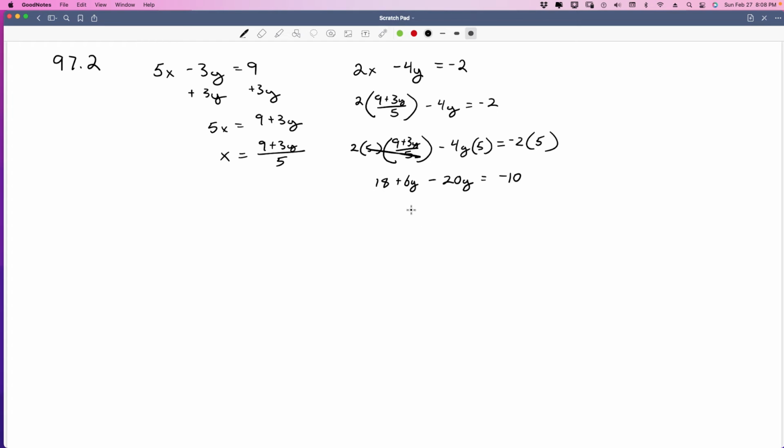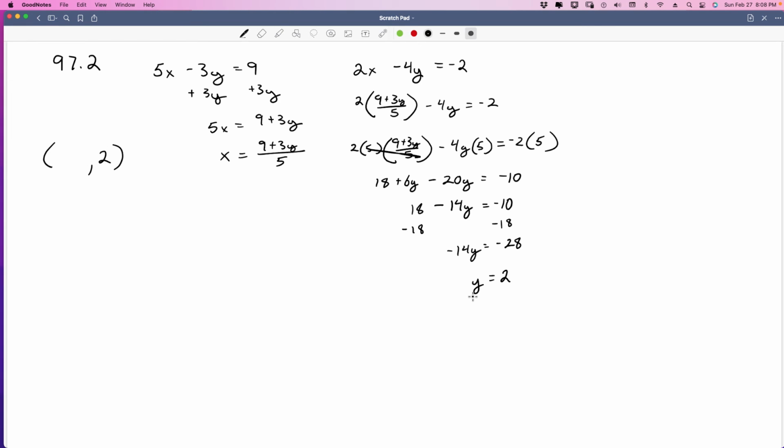When we combine these, we get 18 minus 14y is equal to negative 10. We're going to subtract 18 from both sides, and we get negative 14y is equal to negative 28. When we divide both sides by negative 14, we find that y is equal to 2. So our first value in our solution set is the y value of 2.